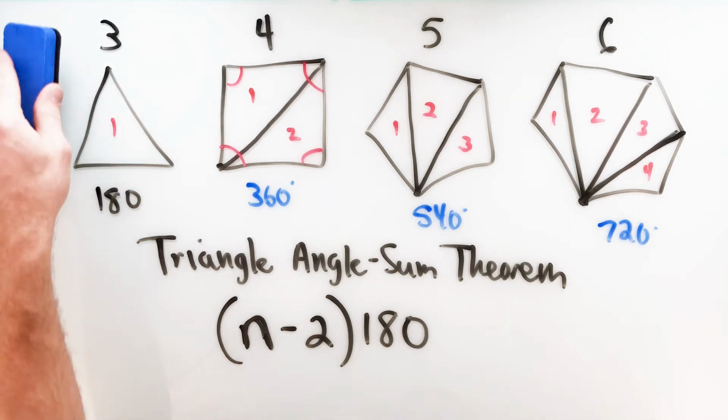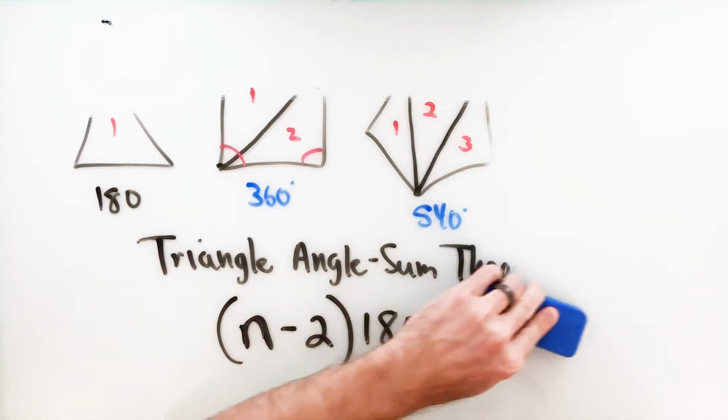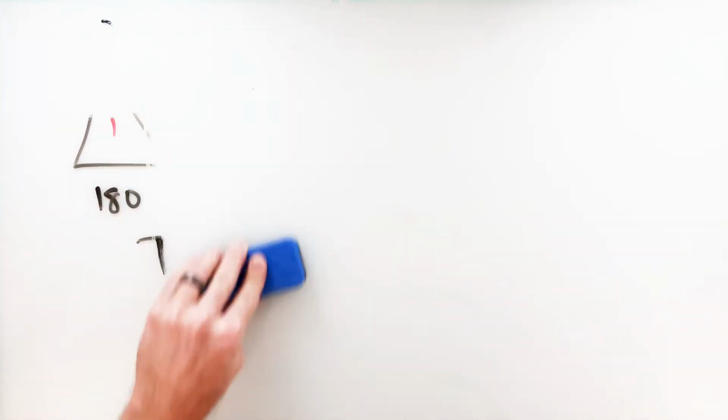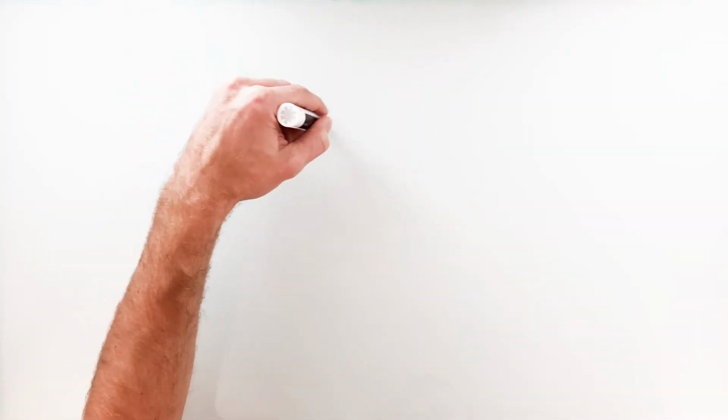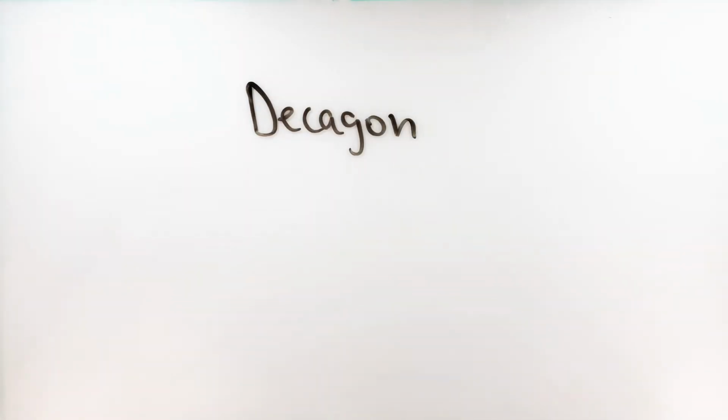Okay, so quick example. Let's say that I want to find the total sum of the interior angles in a decagon. One important thing about your definitions and your keywords here is if you're asked to find the sum of all the angles in a decagon, you have to know how many sides a decagon has, which, if you remember from the chart before, is a 10-sided figure.